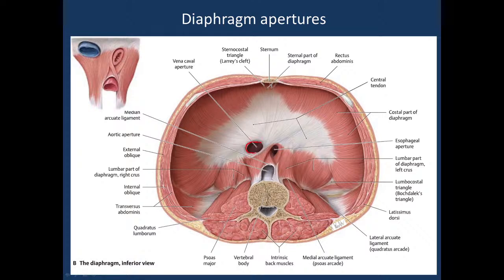This is the vena cava. This is the esophagus here. This is the internal part of the digestive system, and here is the opening for the aorta.